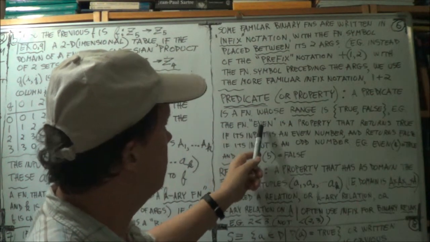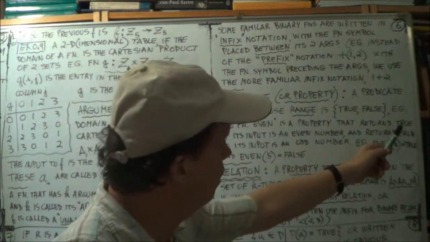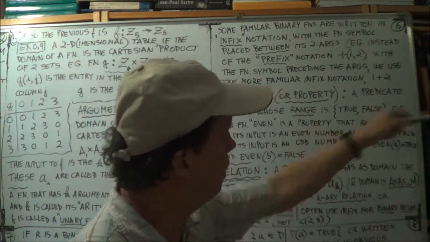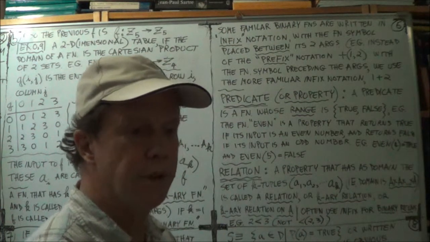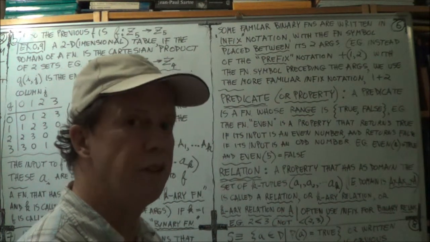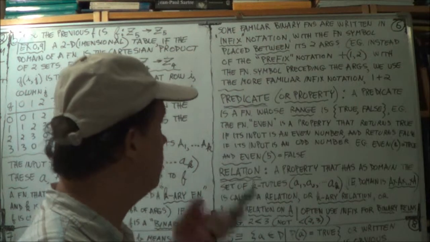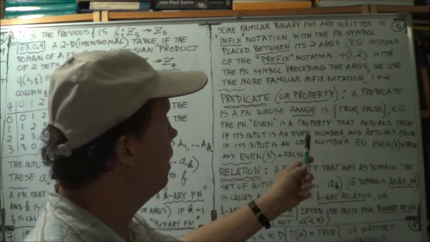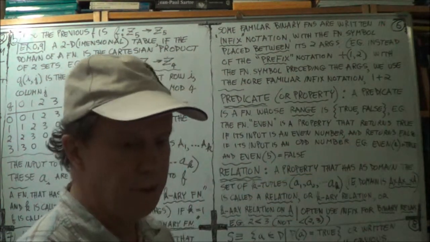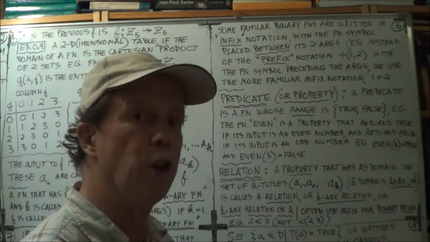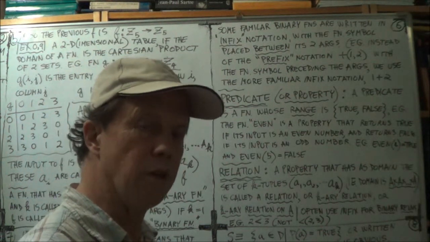What it does is it will output true if the input integer is an even number, an even integer. And it'll output false if the input integer is an odd integer, not even.